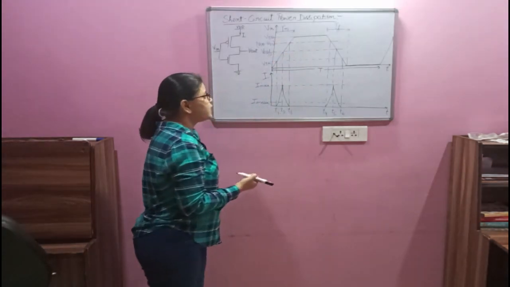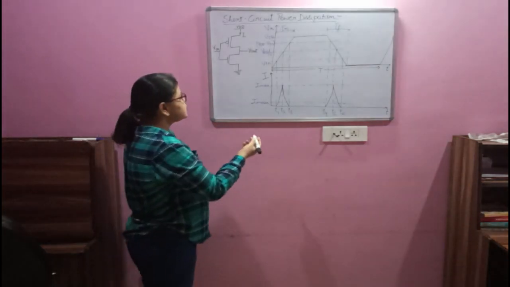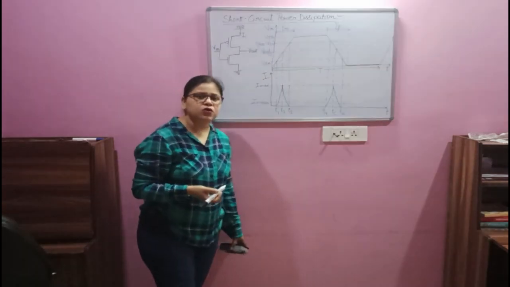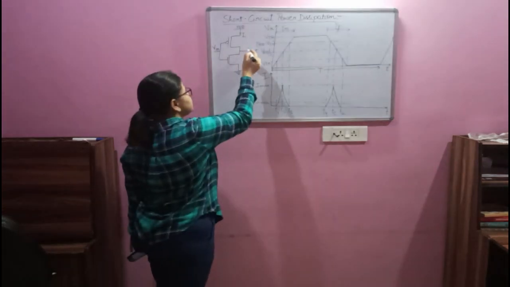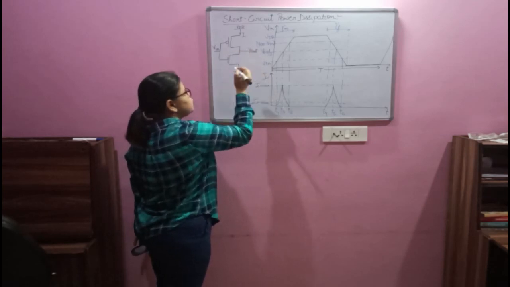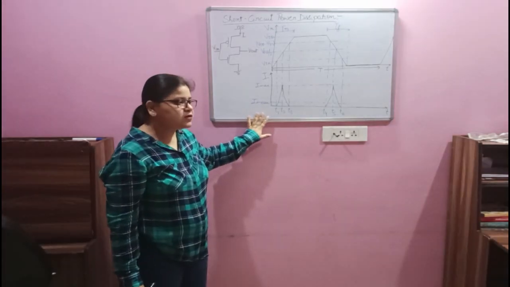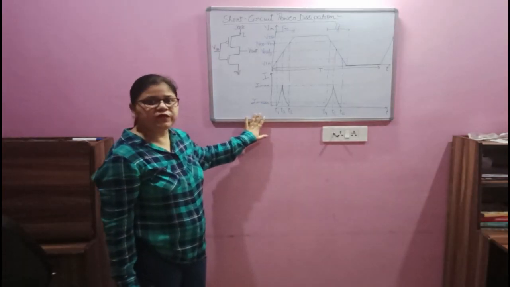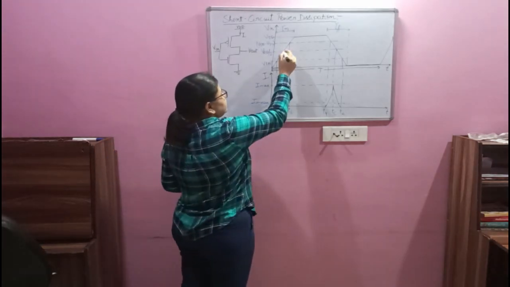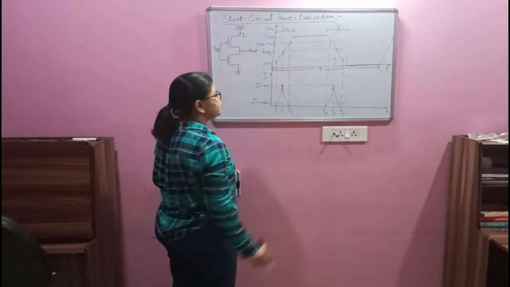Now under this I have drawn the current behavior of this inverter, and this is drawn under the consideration that we are not using any external load on this inverter. We are not considering any load over here. So this is basically the current behavior of the MOSFET under no load condition. Now if I look at this, when the signal comes to VDD by 2, the maximum current will flow at this time.